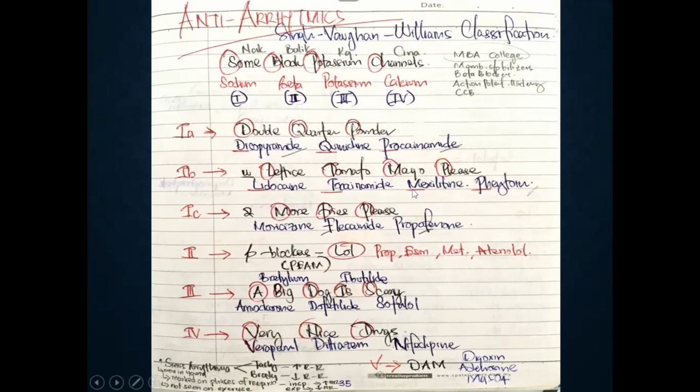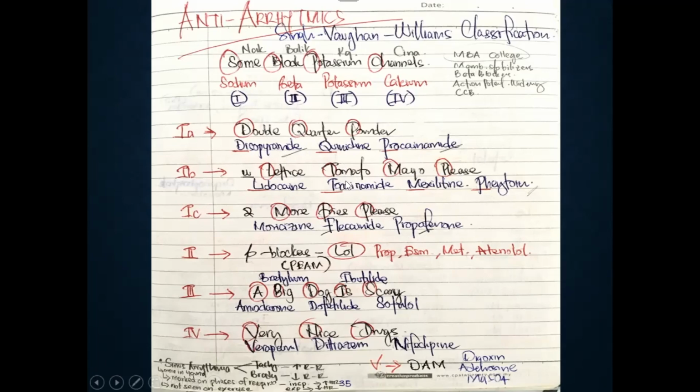Then 1C is moricizine, flecainide and propafenone: more fries please. So double quarter pounder with lettuce, tomato and mayo please, and more fries please. This is how you remember your class 1 sodium channel blockers.